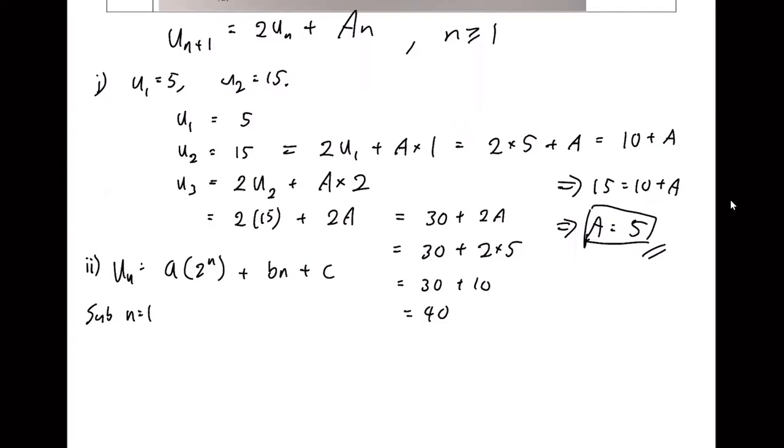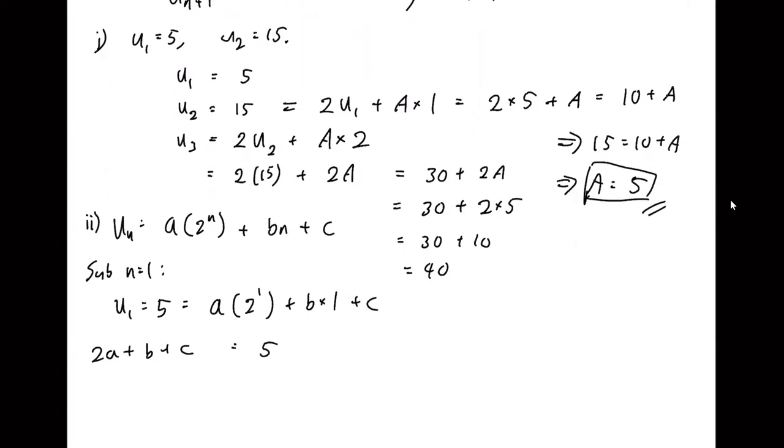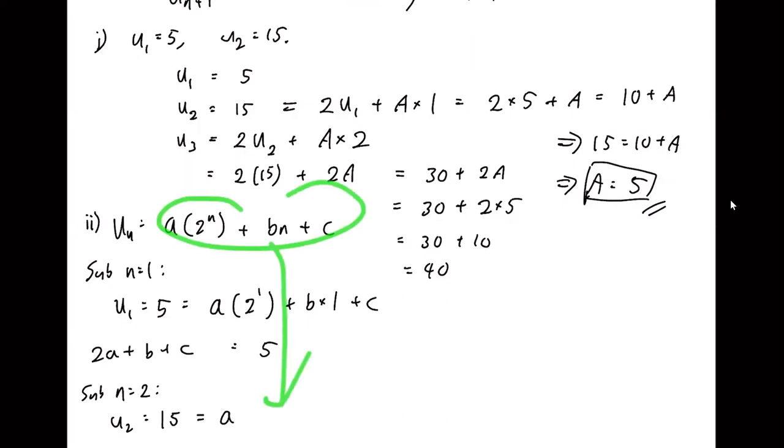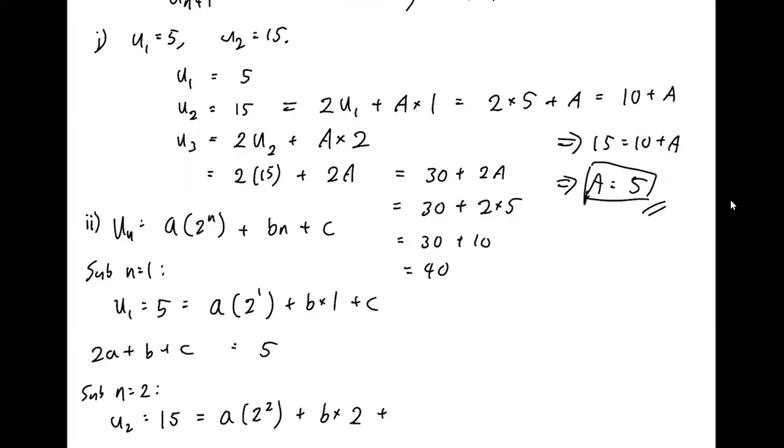Maybe you can just sub in n with 1. Then you get u1, which you know is equal to 5, equals a times 2 power 1 plus b times 1 plus c. So now you have an equation in terms of a, b, and c: 2a plus b plus c equals 5. Next, if you sub in n with, let's say, 2, what do you get? You get u2, which is given to be 15, which equals, if you use the formula now, replace the n with 2, a times 2 to the power of 2 plus b times 2 plus c.